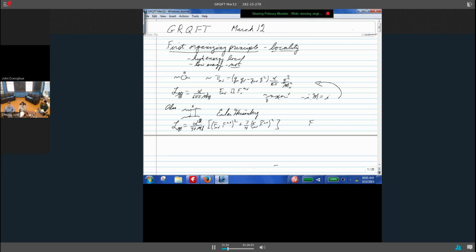And then it involves field strengths. It's F_{mu nu} squared, and then there's 7 over 4 F dual squared, where F dual is epsilon^{mu nu alpha beta} F_{alpha beta} with a factor of 1/2.